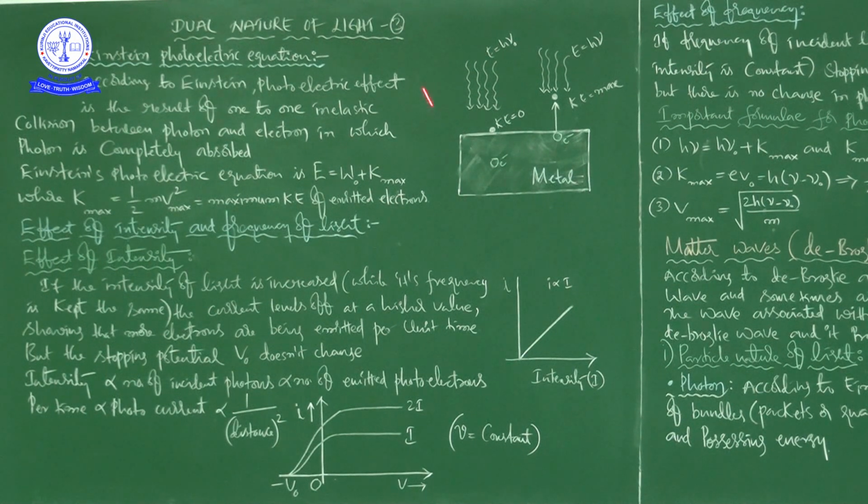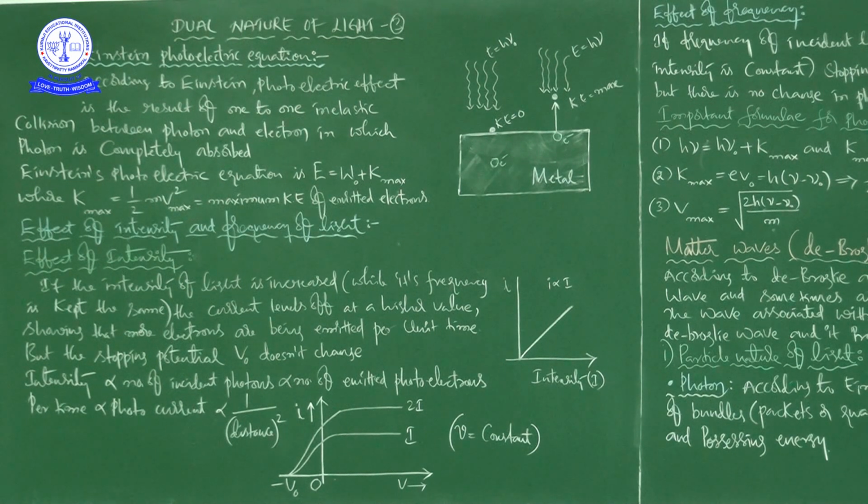So it is momentarily at rest. But if you observe carefully, E is equal to h nu, and the energy of the incident radiation is sufficient for the electron to come out, and a certain amount of energy is also available.